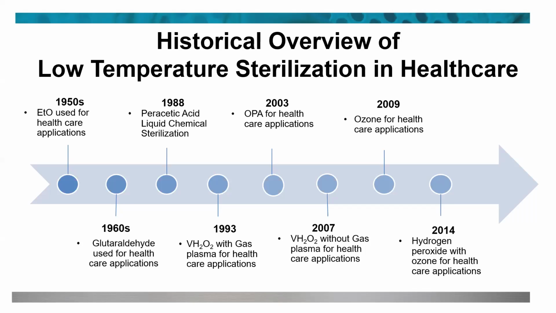In 1988, they started using peracetic acid for liquid chemical sterilization. This system didn't have the long soak times because you could usually run a cycle in about 25 minutes, but it also didn't have the extended time that we could store it on the shelf. It was basically for just-in-time cases.